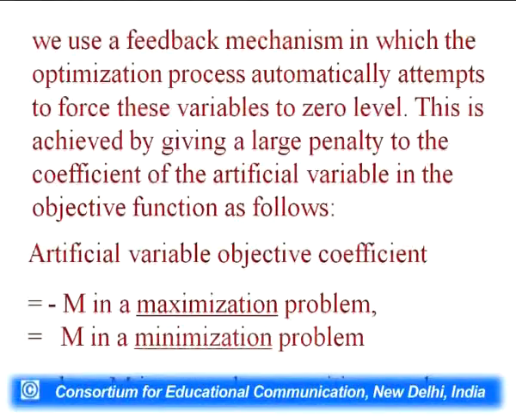Artificial variable objective coefficient: Ri is the artificial variable, and the coefficient of this variable is M. M is a very large number, that is why this procedure is also called the big M method. Now, we use minus M as well as plus M. Minus M is used for a maximization problem and positive M is used for a minimization problem, where M is a very large number.